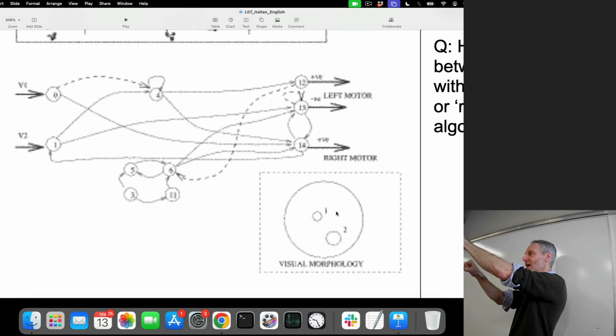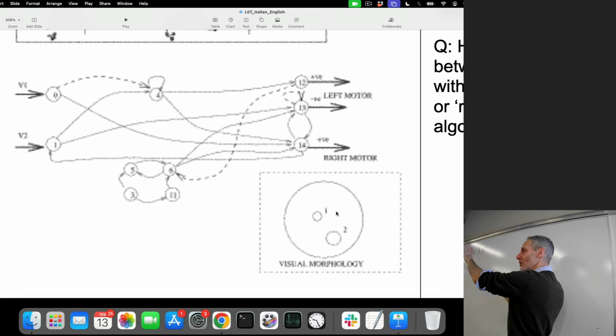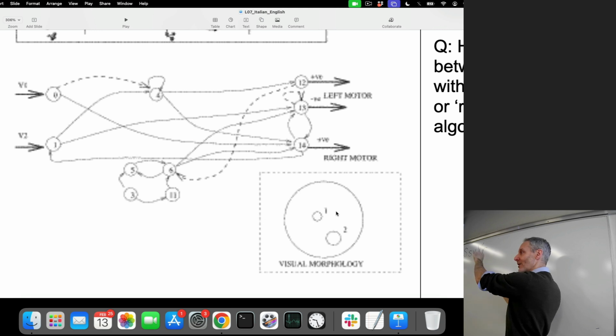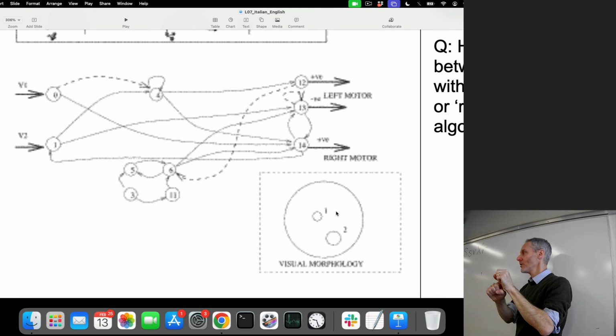And then as I continue moving, this one goes bright, this one goes bright. So there's a time interval between these events. Now imagine there's a triangle at the back of the room. The time interval was much shorter. That's the difference.